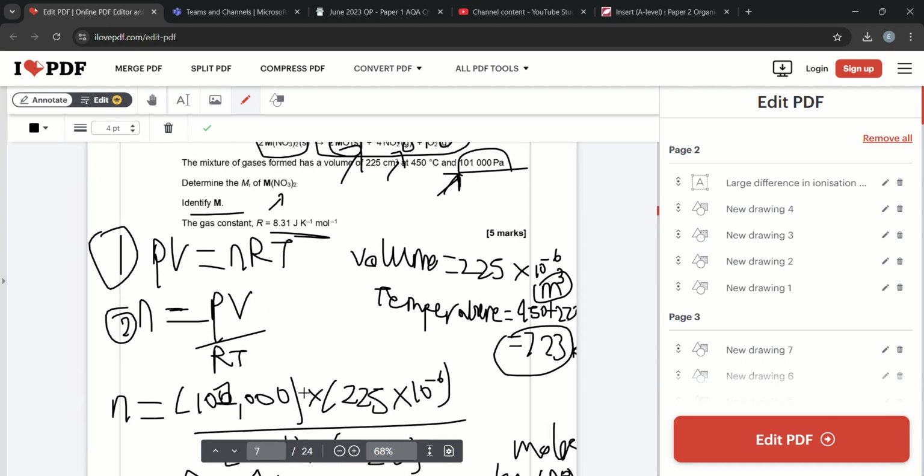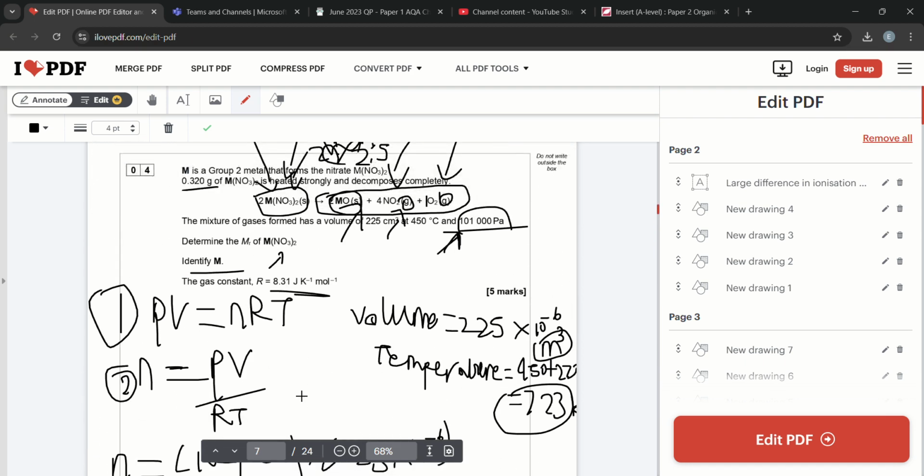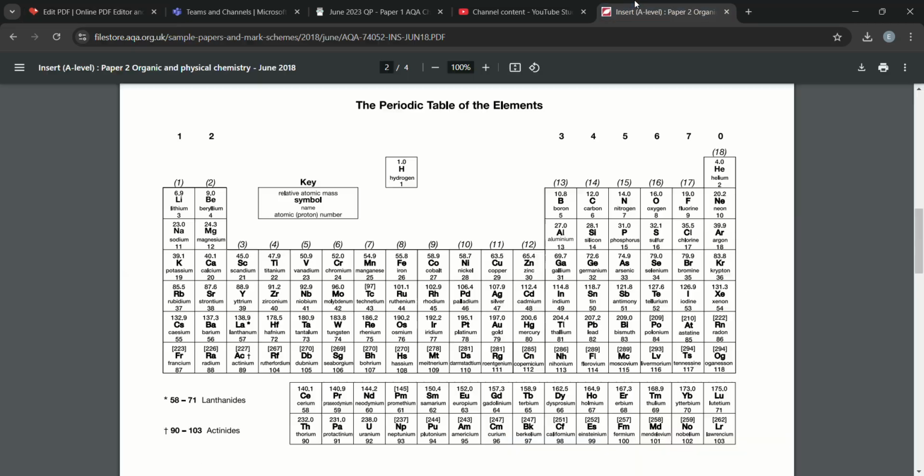But we don't want that, we want the identity. What is the element M? Now we go to a periodic table and look for 87.9. This might take quite a while.